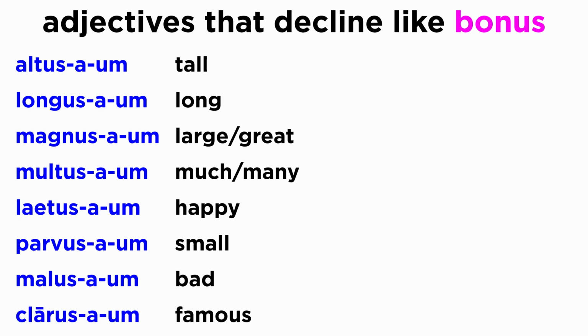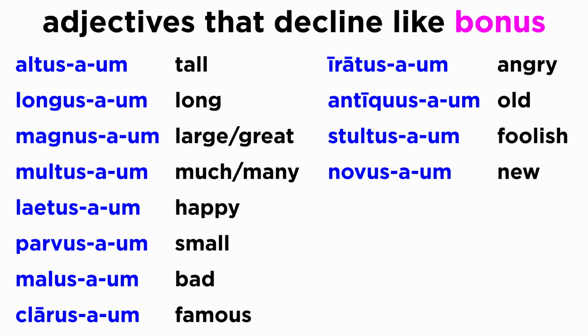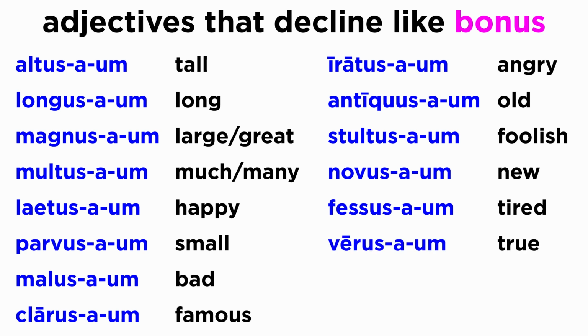Clarus, clara, clarum. Iratus, irata, iratum. Antiquus, antiqua, antiquum. Stultus, stulta, stultum. Novus, nova, novum. Fessus, fessa, fessum. Verus, vera, verum. Saevus, saeva, saevum.